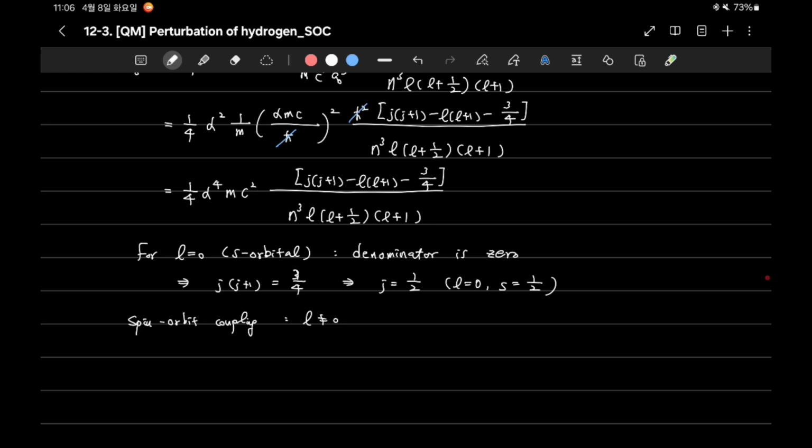And the fine structure, as you heard in the previous lecture, we already studied for the fine structure by the relativistic effect, and the resulting fine structure energy.